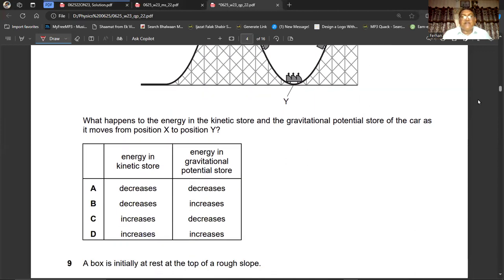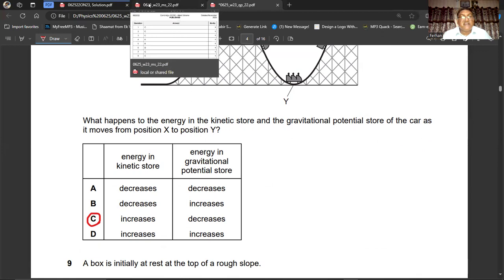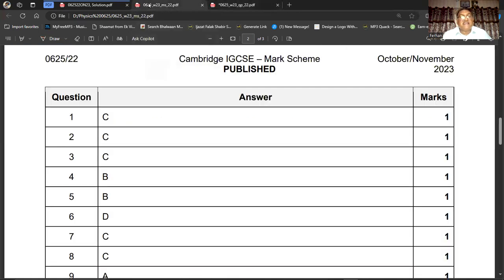So let's see what happens. Kinetic energy in the kinetic store is increasing, and the energy in the gravitational potential store is decreasing. So I think C is the right option because the kinetic energy is gradually increasing and gravitational potential energy is gradually decreasing. So question number 8, C is the option.